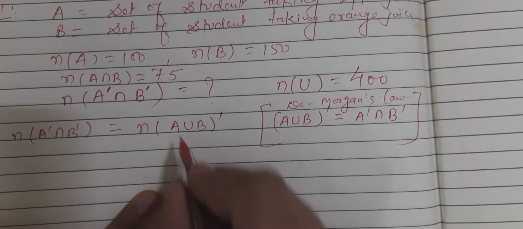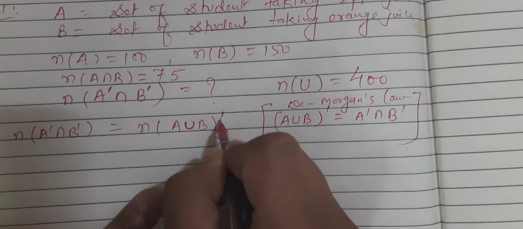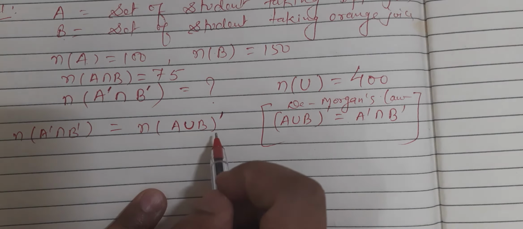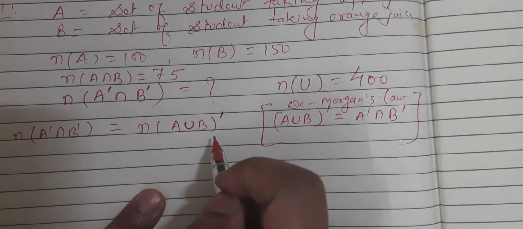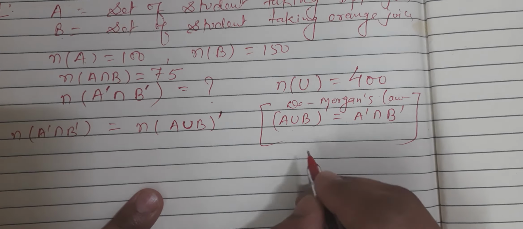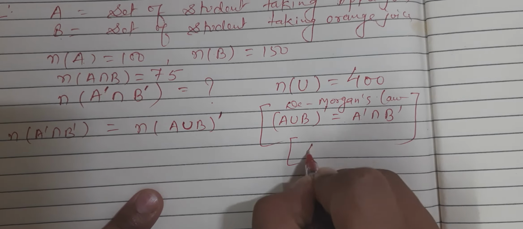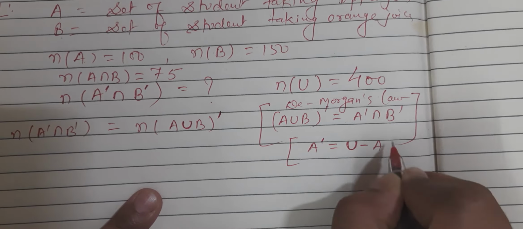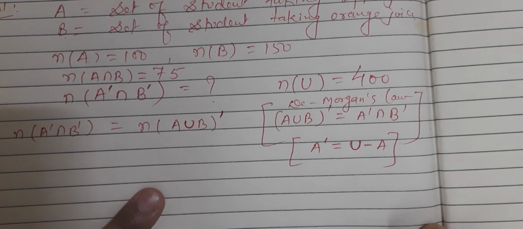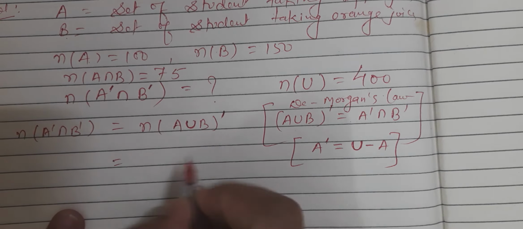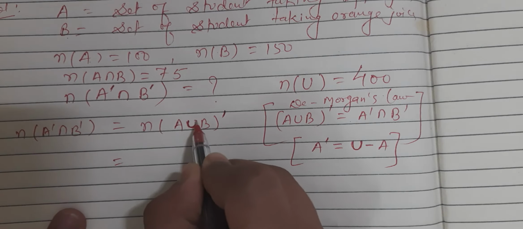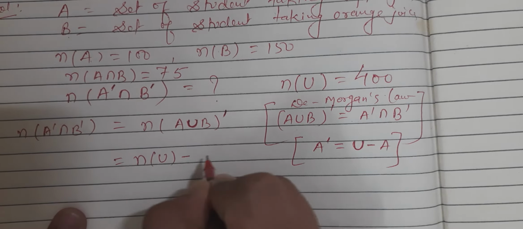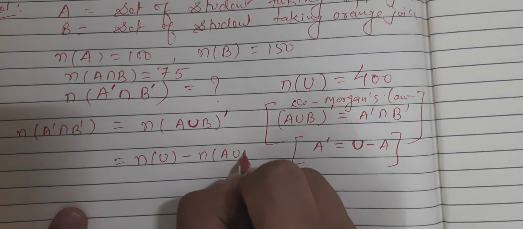Now still we don't have any formula for (A union B)'. We have a formula for N(A union B), but not for the complement. So what will we do? We know the complement A' means universal set minus set A. So here also, the complement of A union B means the number of elements in the universal set minus the number of elements in the union.